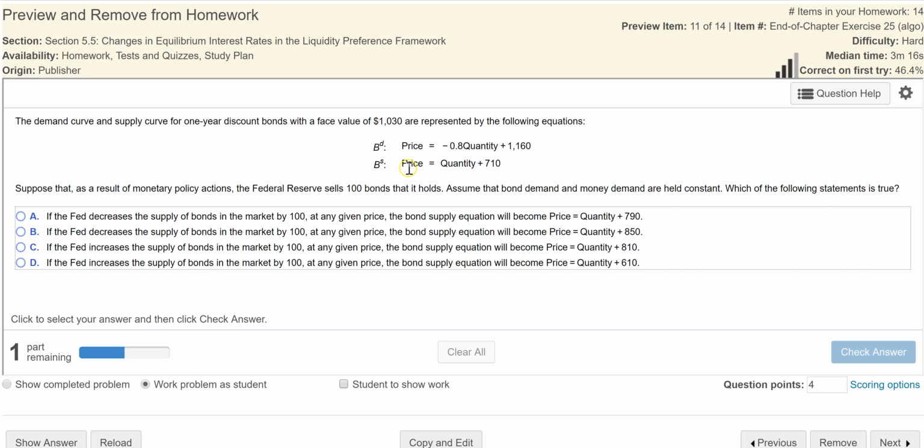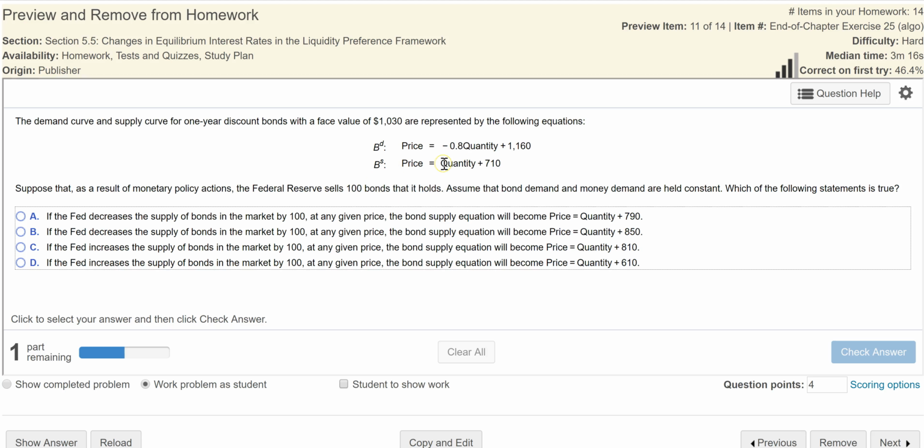So how can you change the supply equation here and meet this requirement of increasing the supply by 100? Once we have an equation with the quantity expressed in terms of price, then we can add 100 to that expression, and that's increasing the quantity by 100.